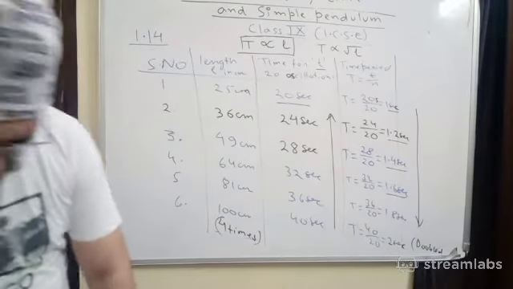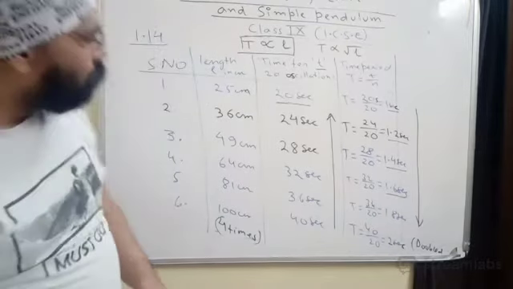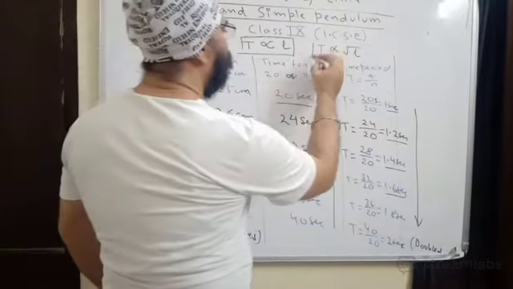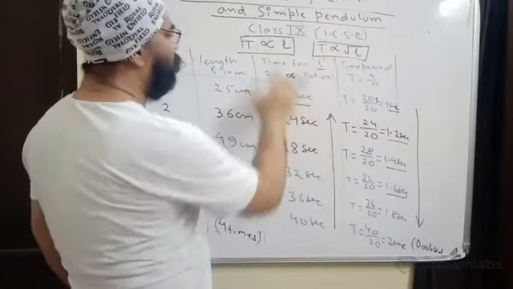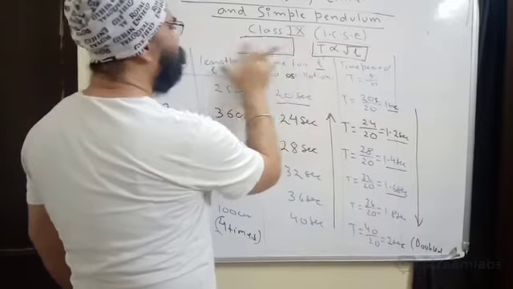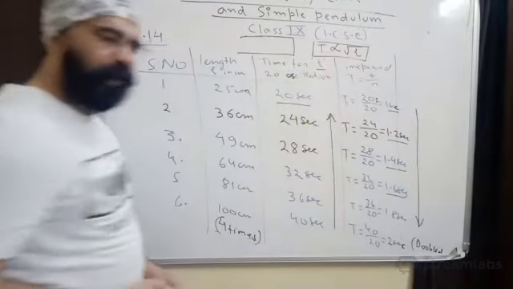समझ में आया शुभी? हाँ ना? What is the relationship given? Over here it is given. Okay, so we have understood that the time period, first our understanding was this, and finally looking at the length we understood that the time period is proportional to the root of the length.